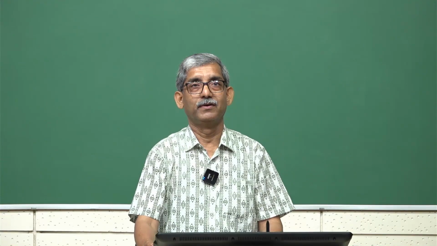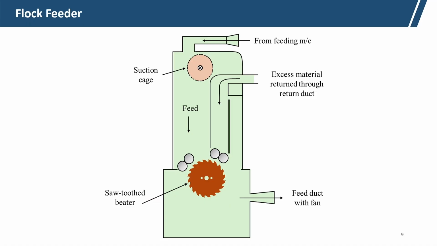Now, this is the flock feeder. From the feeding machine it is coming, the suction cage is there. The suction cage will hold the fiber, and it will take out some dust, and the excess material returns, coming back again.